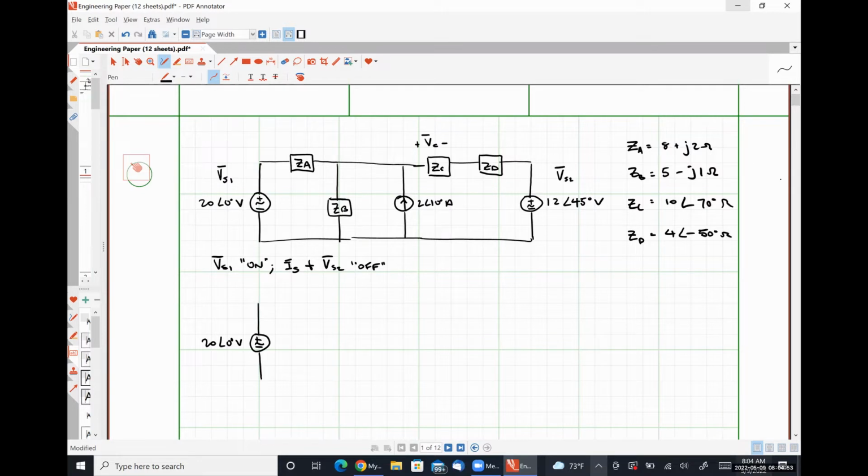Having numbers to use generally helps. So back to our redrawing with that voltage source on.